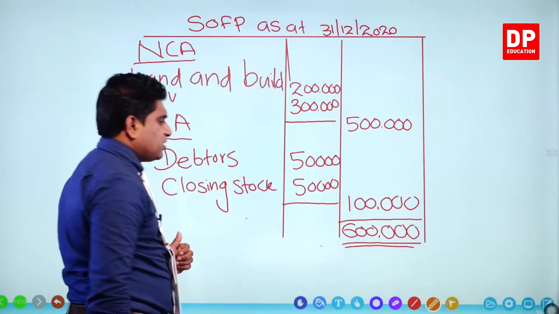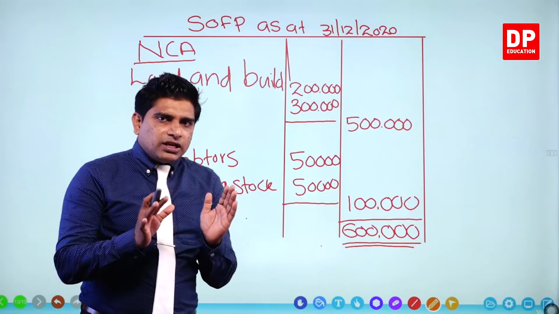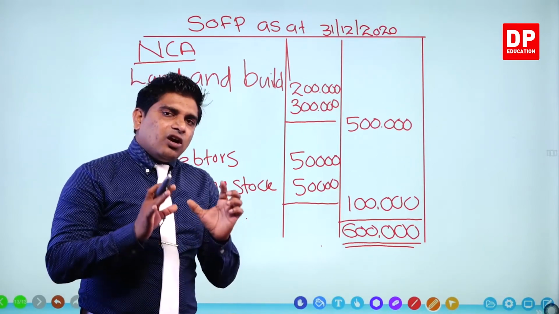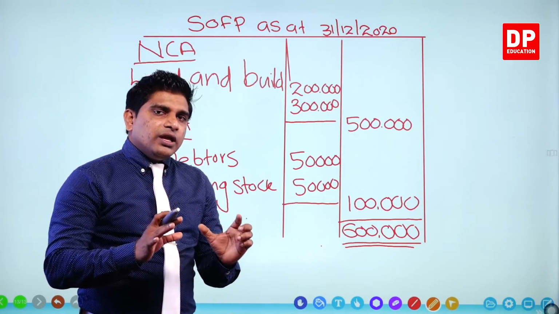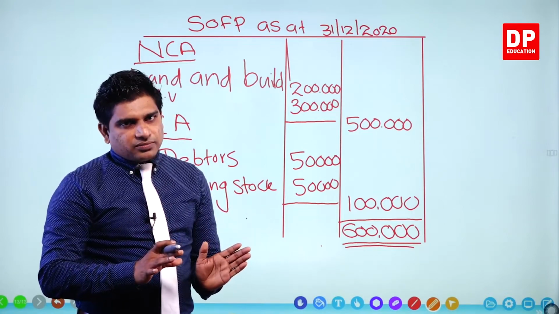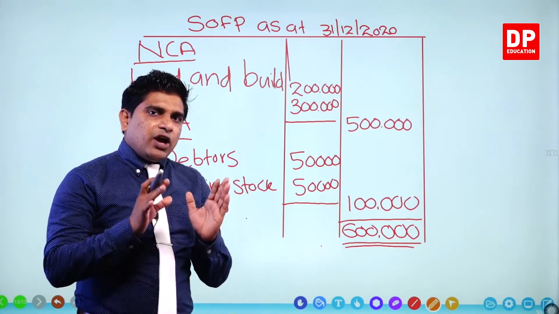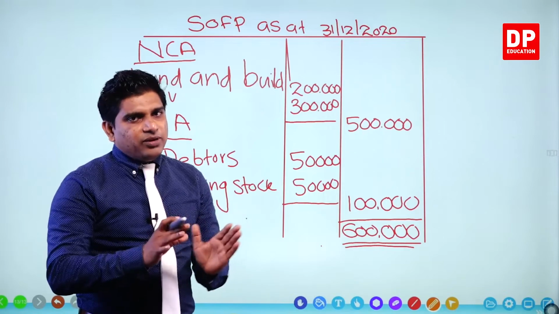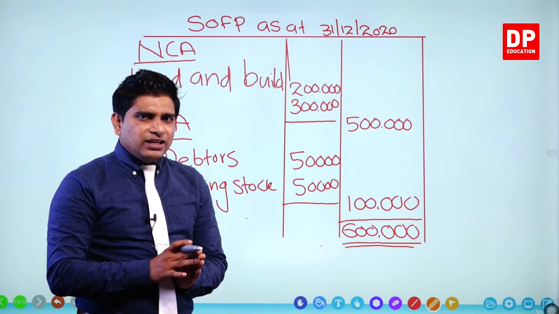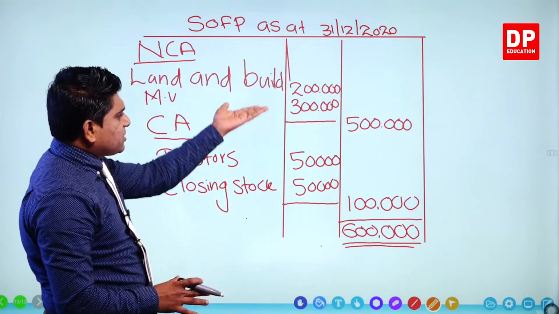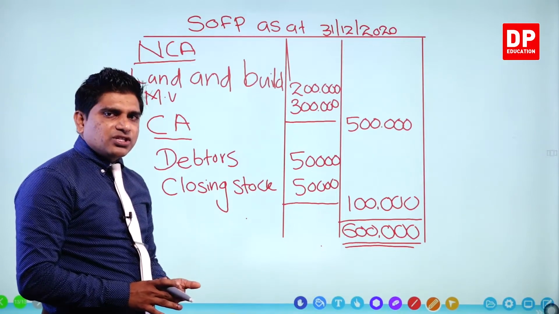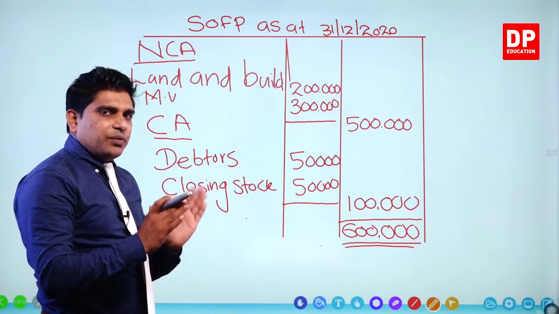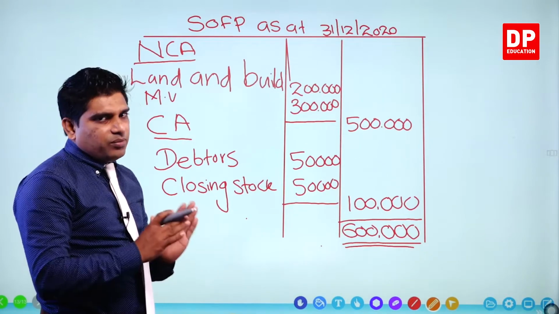Remember, according to the accounting equation theory, your total assets should be equal to capital plus liabilities. In this question, I have provided capital and liabilities also. Right? Then we can expand this statement of financial position to enter capital details and liability details.